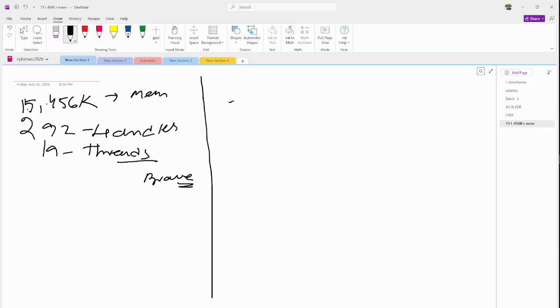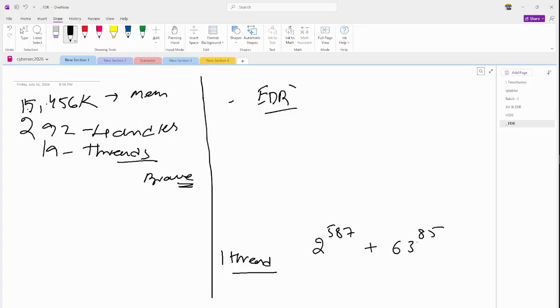Now you want to know what exactly EDR is doing. So you know thread, right? What is a thread? Multi-threading means you have many threads running.